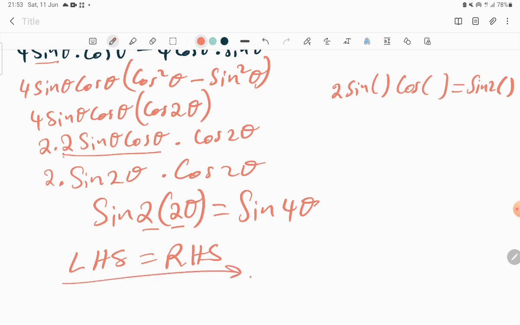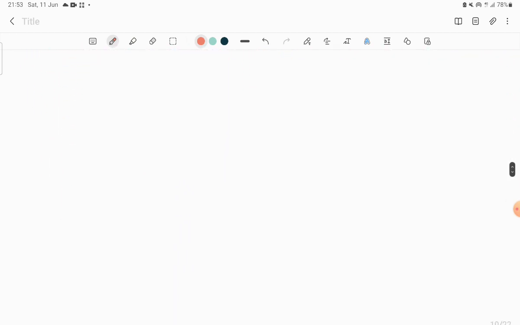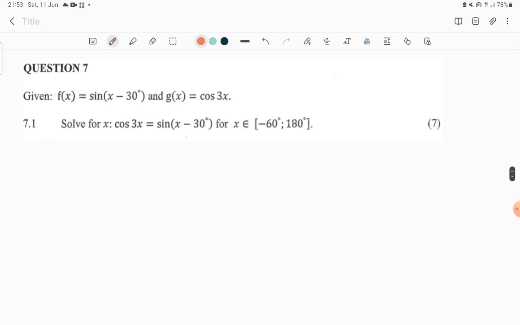Okay, now moving to the next question. The next question is question number 7. We are having f of x is equal to sine of x minus 30, then g of x is equal to cos 3x.